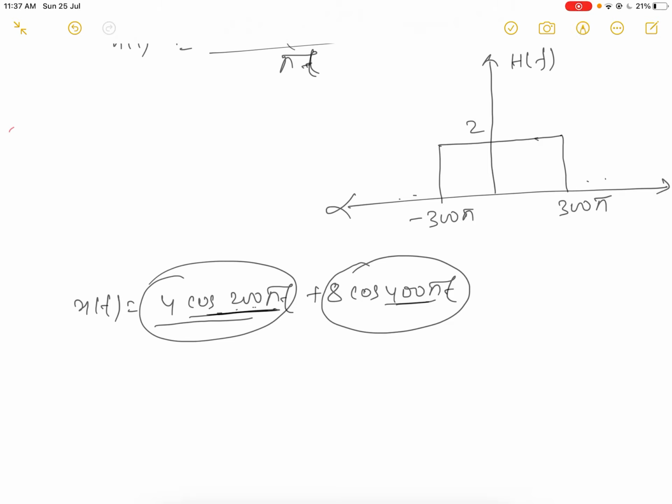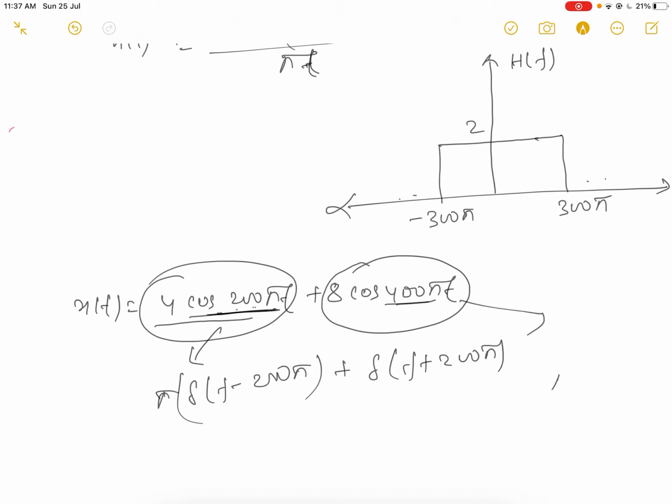When you take the Fourier transform, it will be π[δ(f - 200π) + δ(f + 200π)], and similarly for the other, π[δ(f - 400π) + δ(f + 400π)]. So this part comes outside of the filter, and this one is inside the filter.